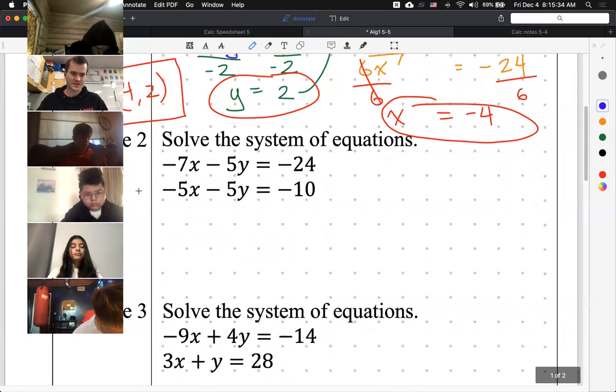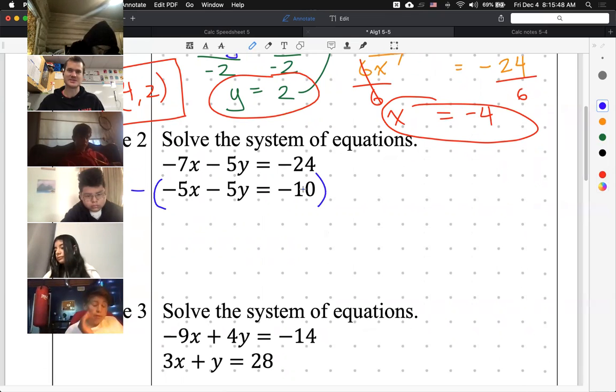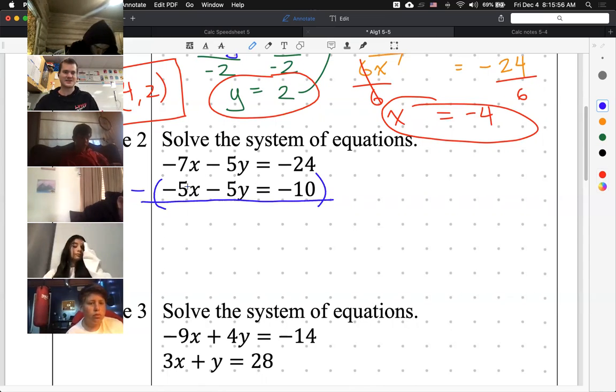Yeah, so what we're doing is we're going to subtract this entire equation, the second equation, from the first equation. And because subtracting is a little bit harder than addition, instead of subtracting, what I'm going to do is distribute a negative into each of these and then add. You can subtract them and you don't have to do this extra step, but I find by doing this extra step, I make mistakes far, far less often.